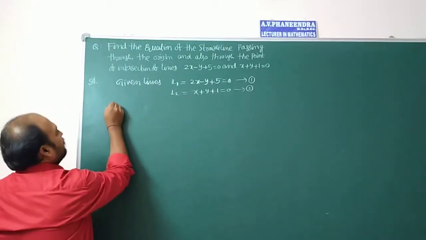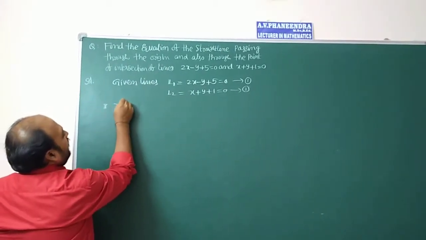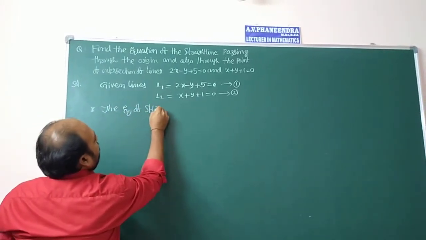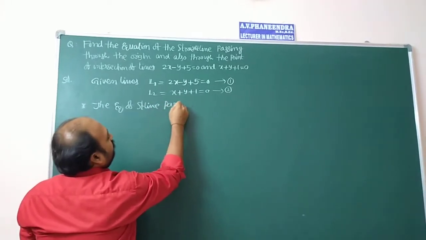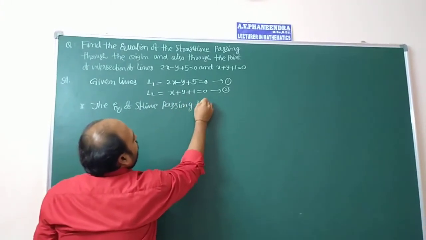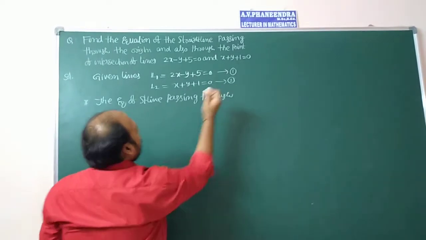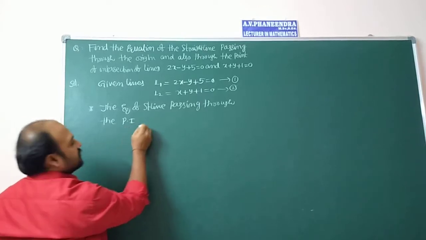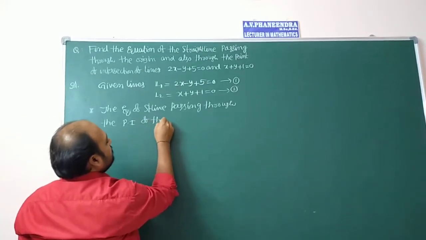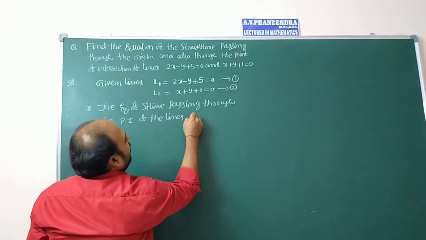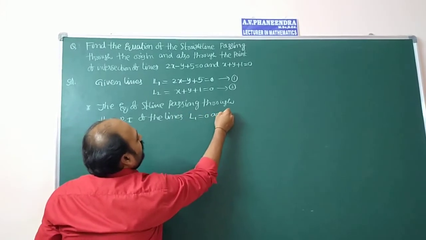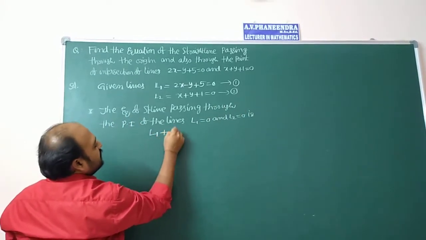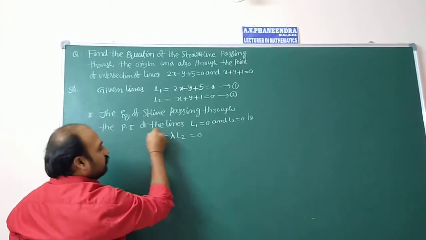We have one important property. The equation of the straight line passing through the point of intersection of the lines L1 equal to 0 and L2 equal to 0 is L1 plus lambda L2 equal to 0.